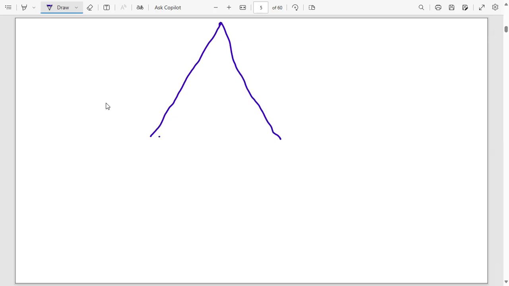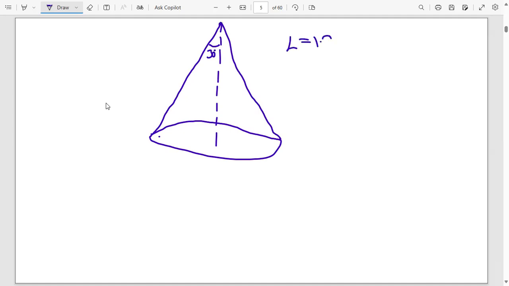Then we have 30 degrees here in the middle. The length of the rope is 1.2 meters. And what else?